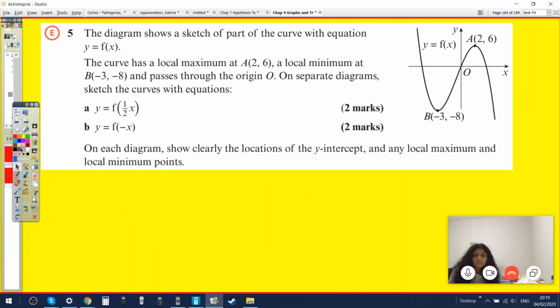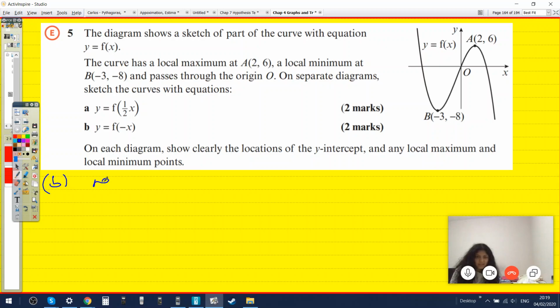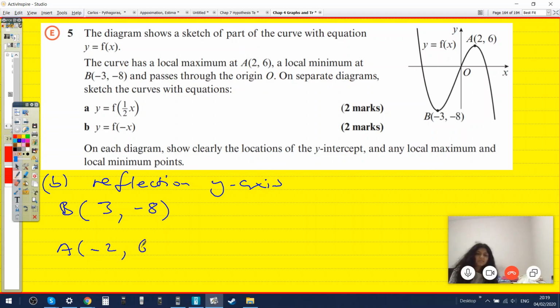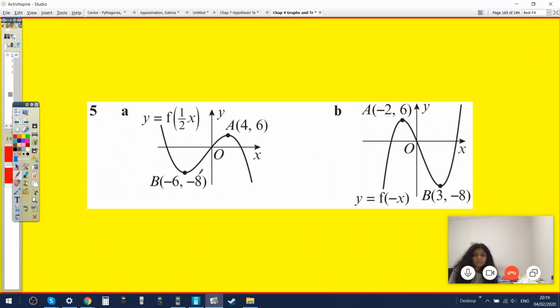What is part B? And so what will be the new coordinates? Yep. Minus 2, 6.